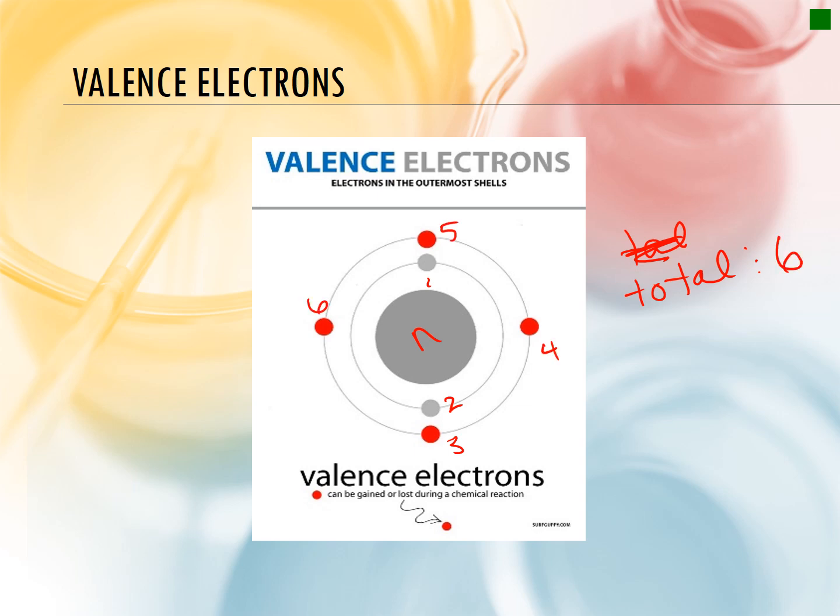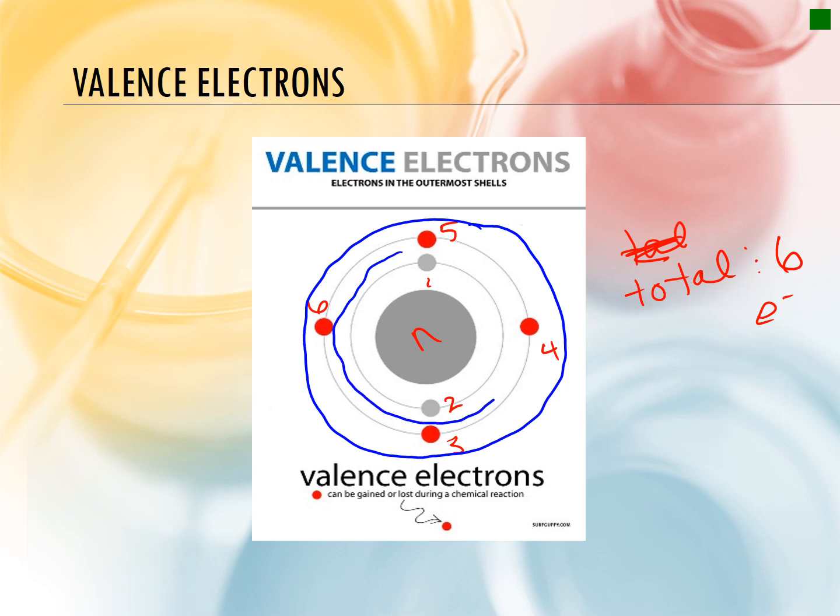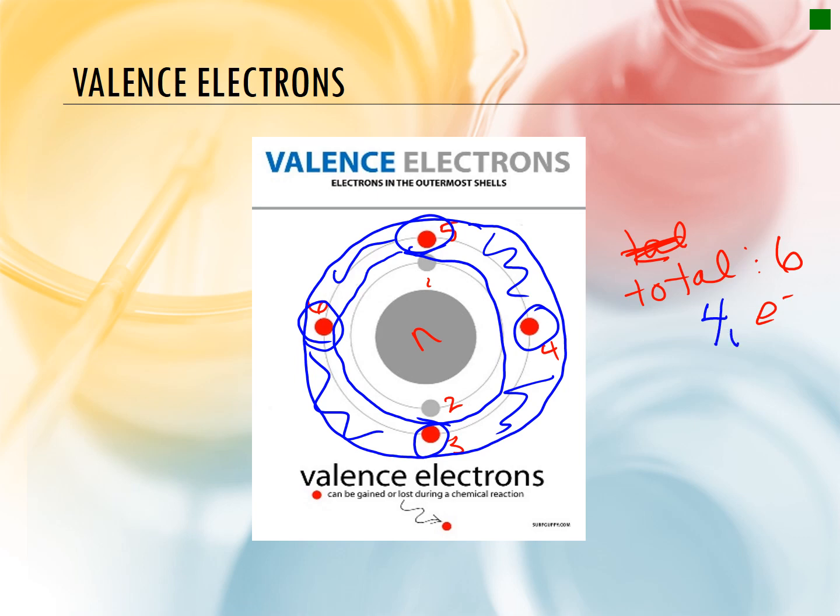So it's got a total number of 6 electrons. But when I want to focus on just the outermost, which are the valence, I'm only focusing on this little group right here. So how many are there? 1, 2, 3, 4. So it would have 4 valence electrons.